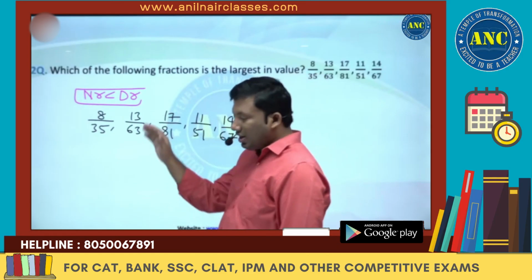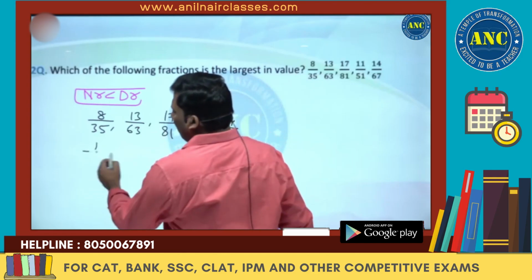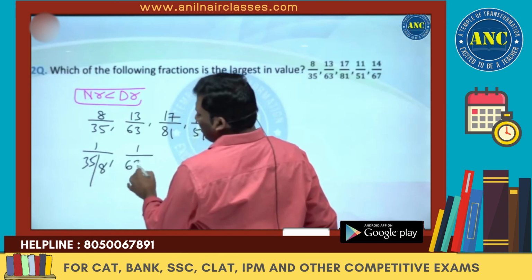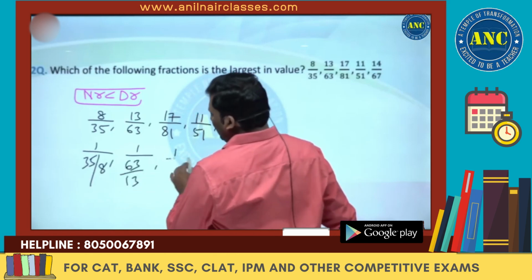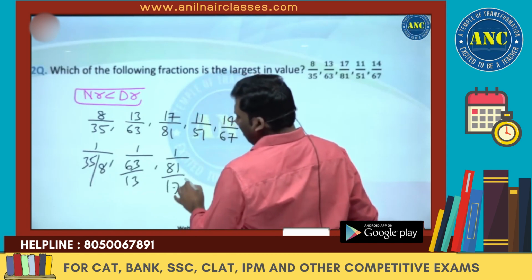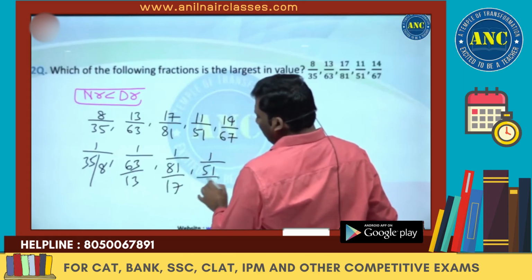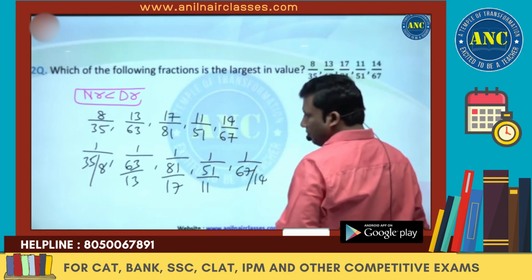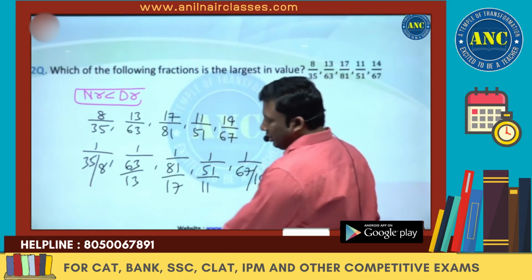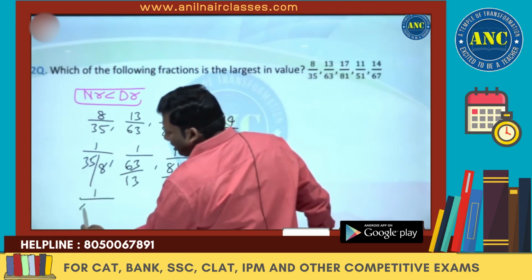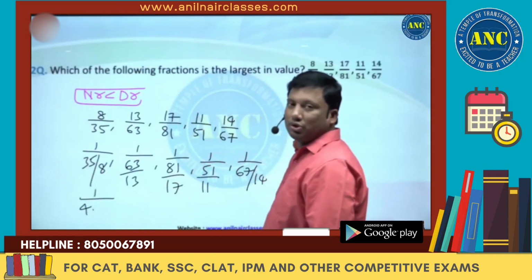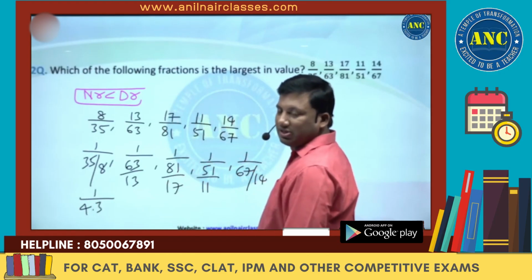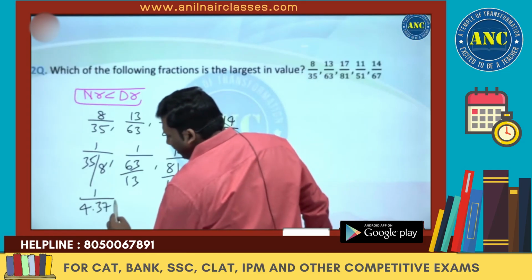Now if you see here, convert everything into 1 by format: 1 by 35 by 8, 1 by 63 by 13, 1 by 81 by 17, 1 by 51 by 11, 1 by 67 by 14. 35 by 8: 8 4s are 32, 30. 8 3s are 24, 60. 8 7s are 56.